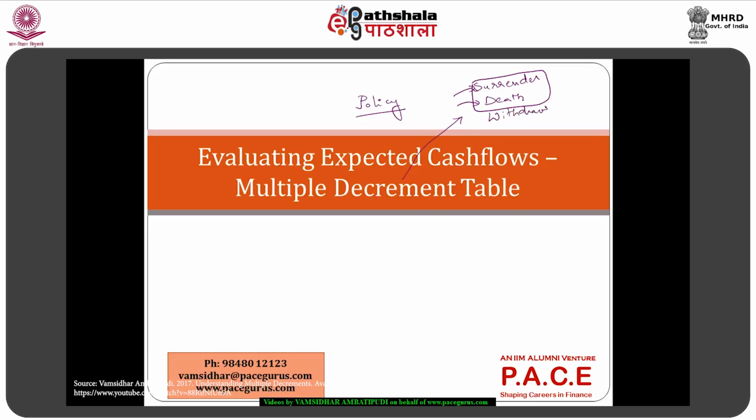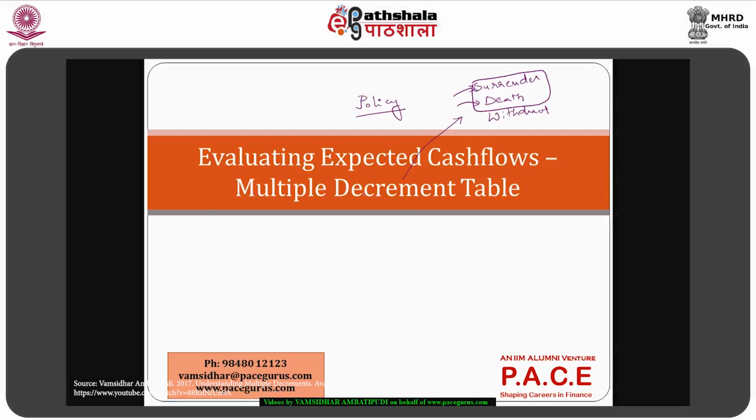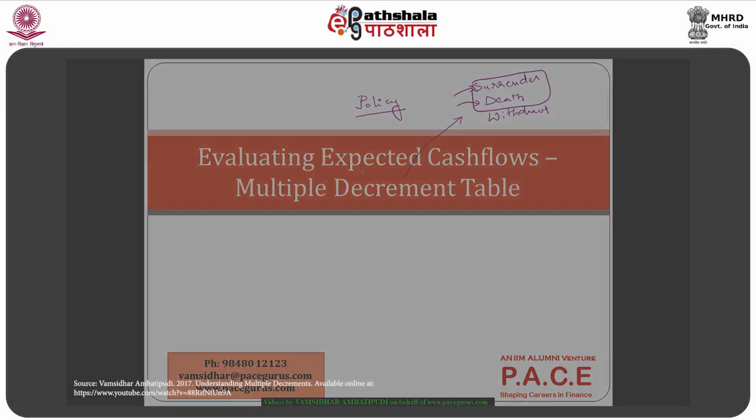There could be different statuses associated with policies, and the number of policies could come down because of many scenarios. It need not be one element that is influencing the decrement in the numbers. There could be more than one force acting at a point in time.